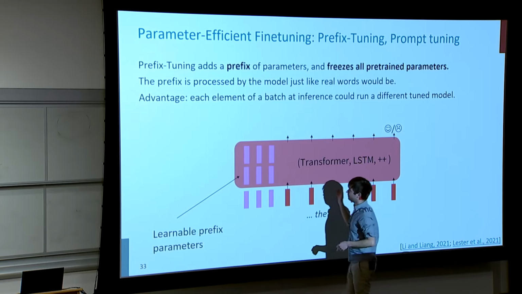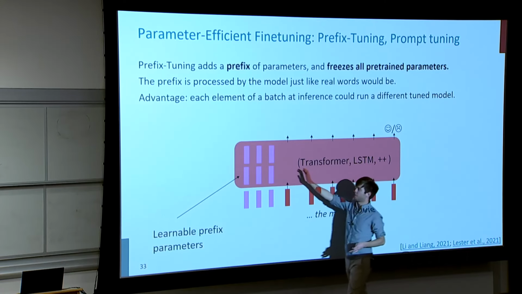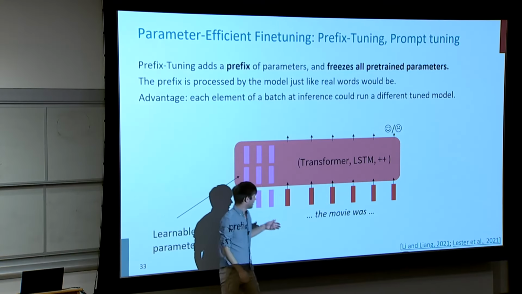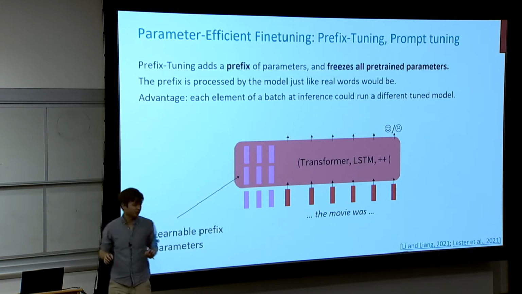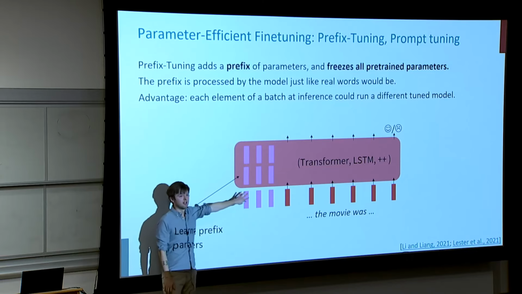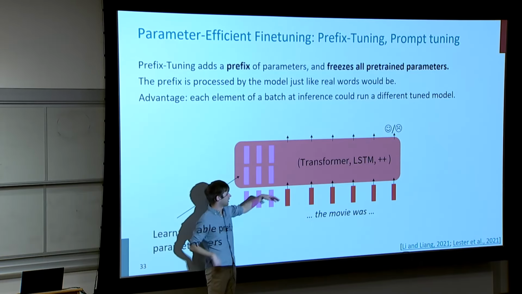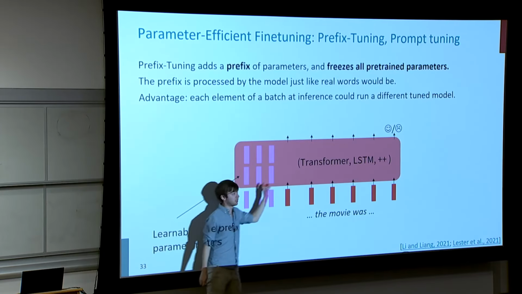This is nice because I get to keep all the good pre-trained parameters, and then just specify this sort of diff that ends up generalizing better. This is a very open field of research, but this is also cheaper because I don't have to store the gradients and all the optimizer state with respect to all these parameters. I'm only training a very small number of parameters.